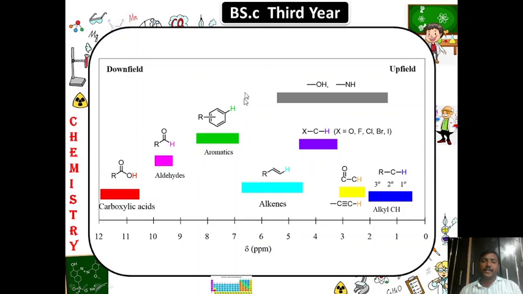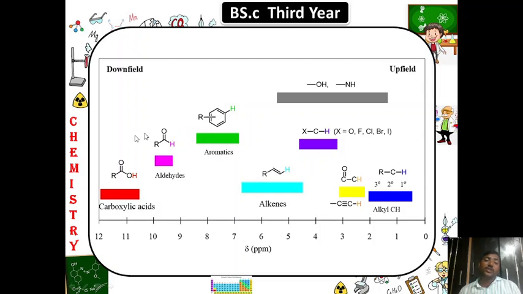Aromatic compounds are once again downfield because of aromaticity, and the proton shifts to about 6.78 to 8.5. Aldehyde protons are deshielded as well, at about 9.2 to 10.